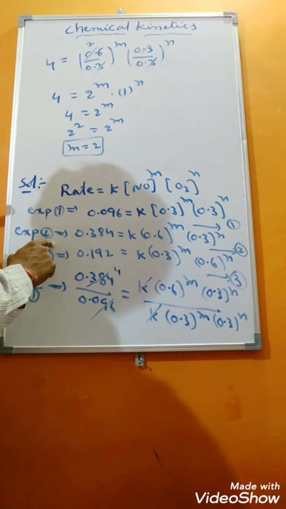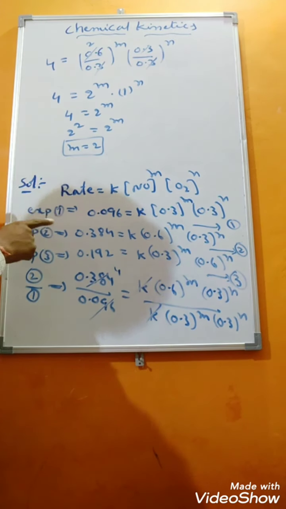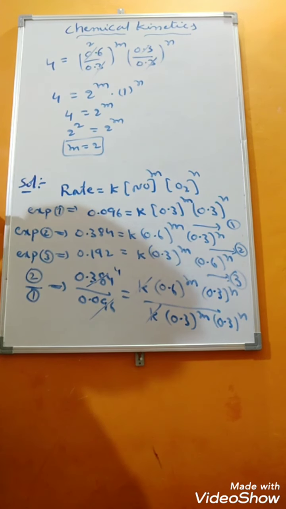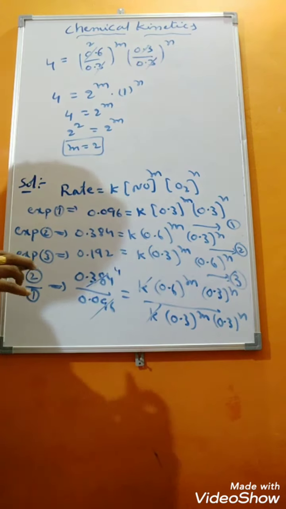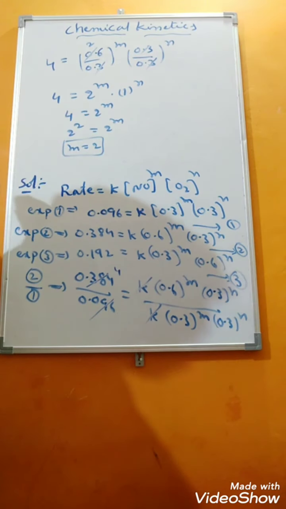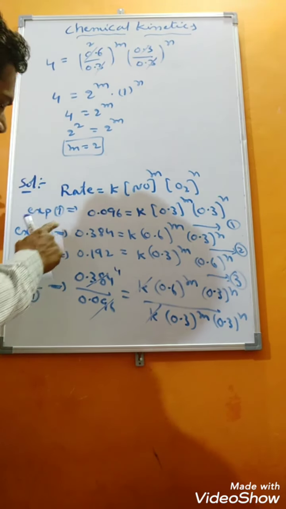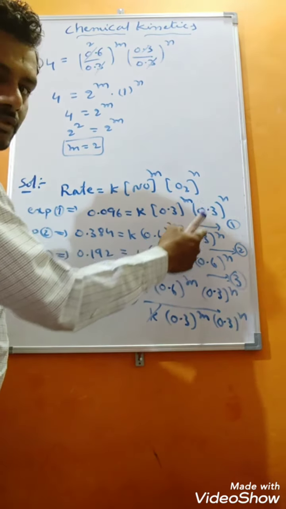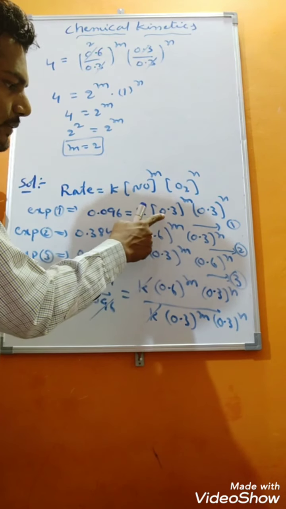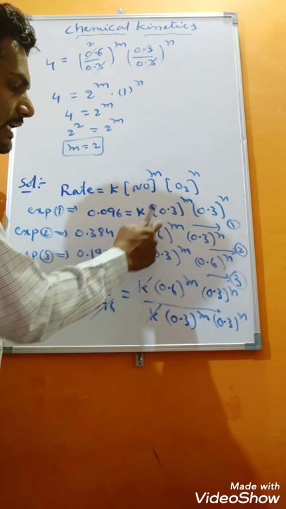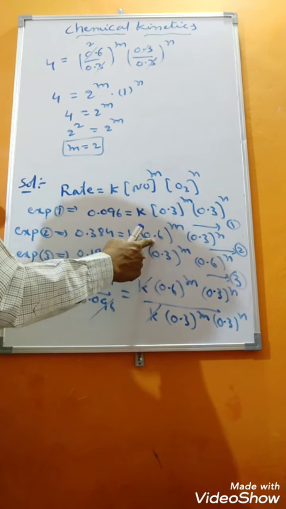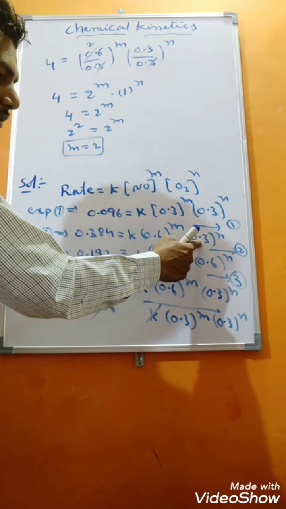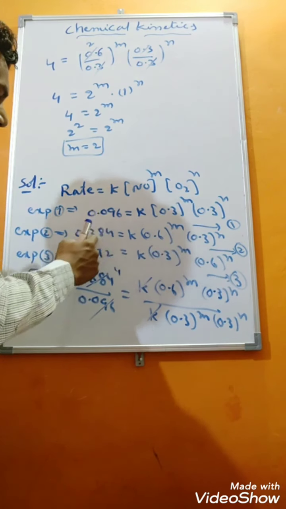By taking experiments 1 and 2 we have got the m value, because we need to keep one concentration constant. See here, how do we get m equals 2? In experiments 1 and 2, if you observe, the concentration of O2 is constant at 0.3. Only the concentration of NO is doubled. When the concentration of NO is doubled and the concentration of O2 is kept constant, the rate becomes 4 times.